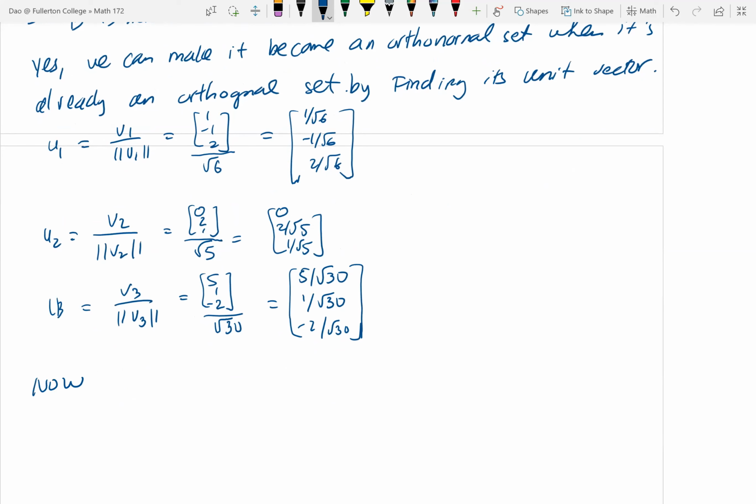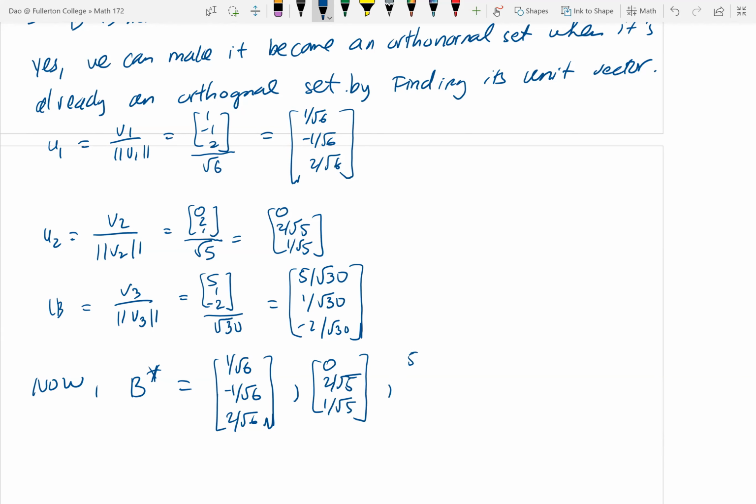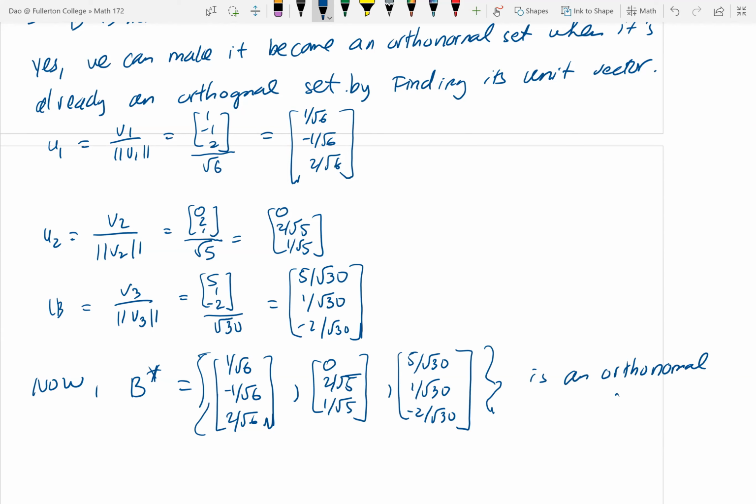Now, B star, which equals (1 over rad 6, negative 1 over rad 6, 2 over rad 6), comma (0, 2 over rad 5, 1 over rad 5), comma (5 over rad 30, 1 over rad 30, negative 2 over radical 30), is an orthonormal set.